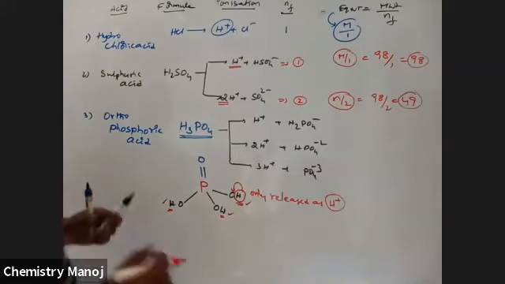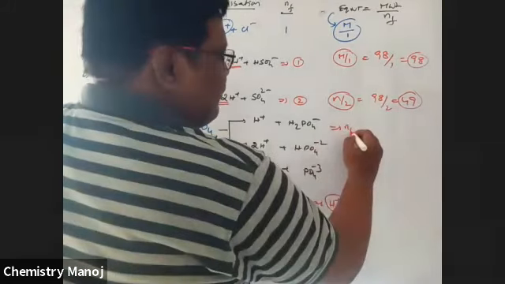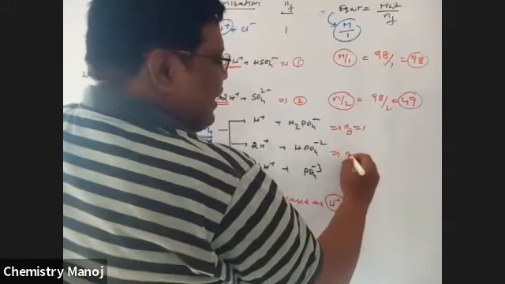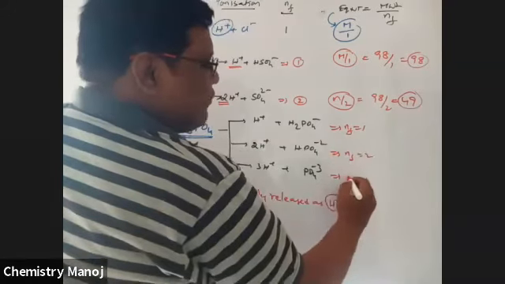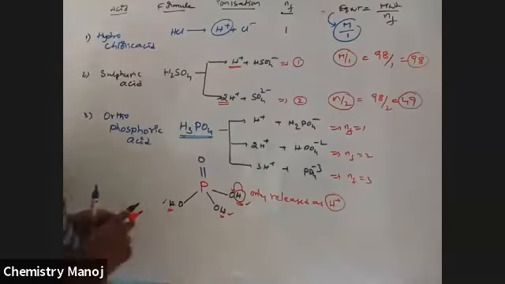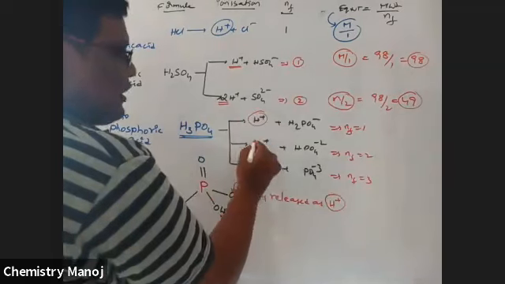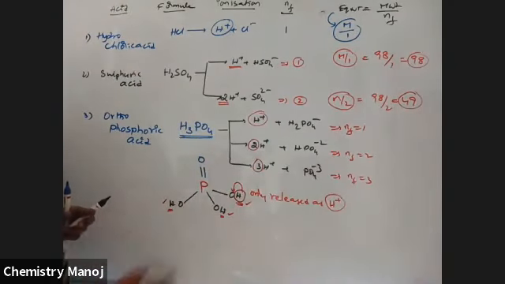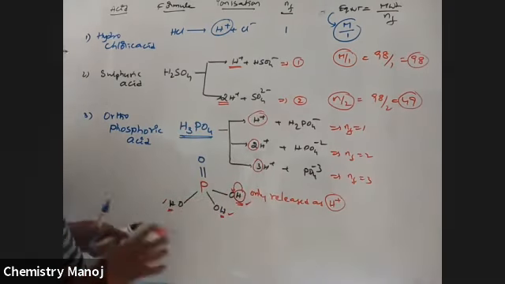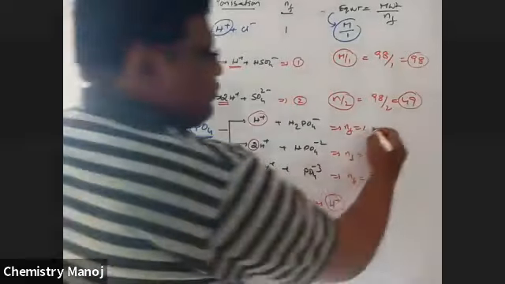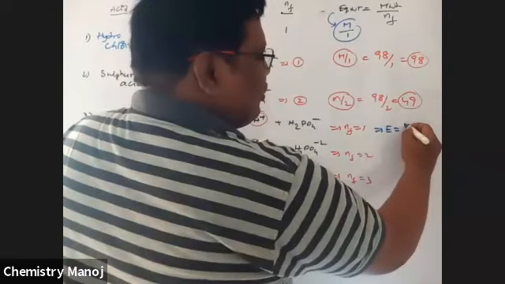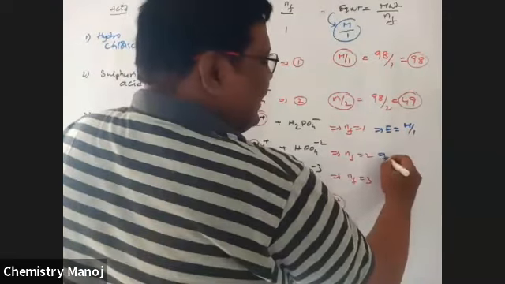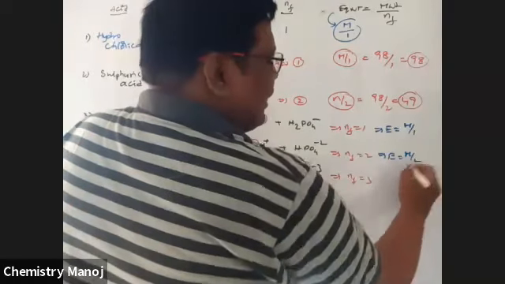Therefore, in this case, N factor is equal to 1, here N factor is equal to 2, here N factor is equal to 3, because these are the one hydrogen, two hydrogens, three replaceable hydrogens. Therefore, N factor 1, 2, 3. So in these cases, here equivalent weight is molecular weight by 1. Here equivalent weight is molecular weight by 2.